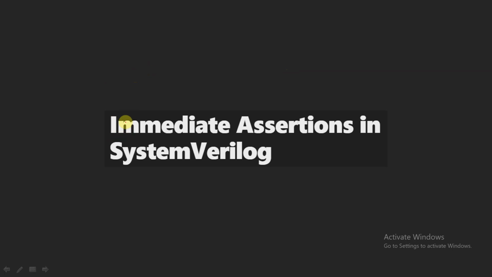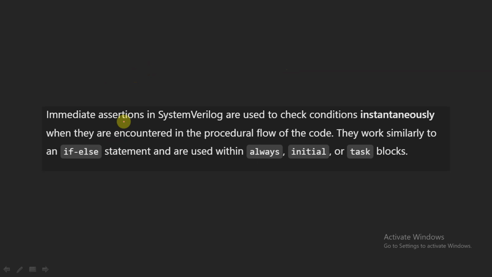So what are these immediate assertions in SystemVerilog? Immediate assertions are used to check conditions instantaneously when they are encountered in the procedural flow of the code. They are very similar to an if-else statement, and they can be used within an always block, initial block, or task.